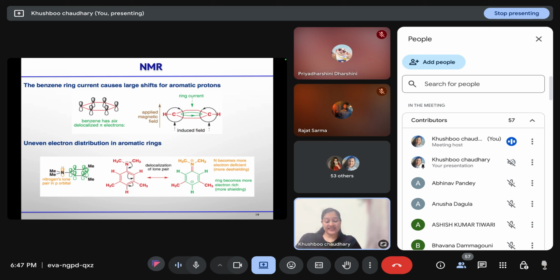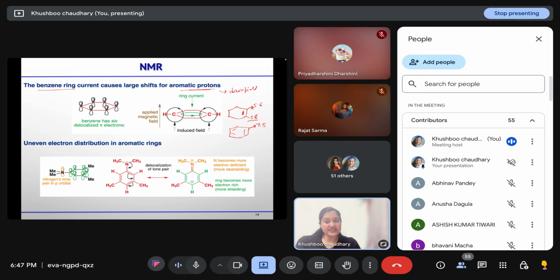Now, in the case of aromatic compounds, or alkenes, or simply the benzene ring, aromatic protons will come downfield. If we compare cyclohexene and benzene, benzene will come around 7.5, and this will come around 5.6. Both are alkenes, so why is there a difference in the delta values of these two protons?